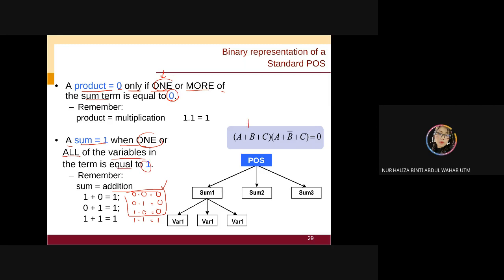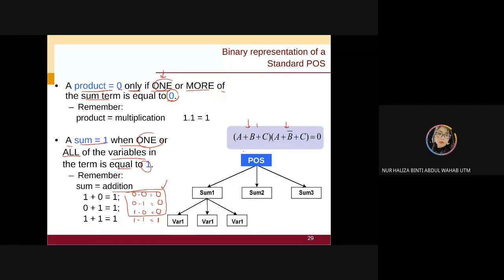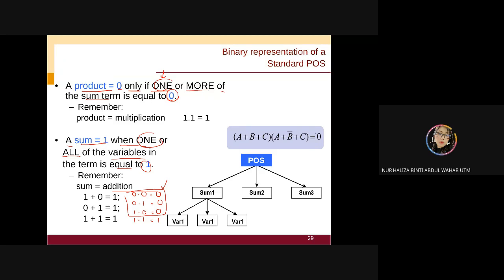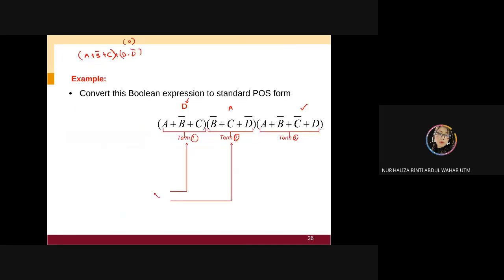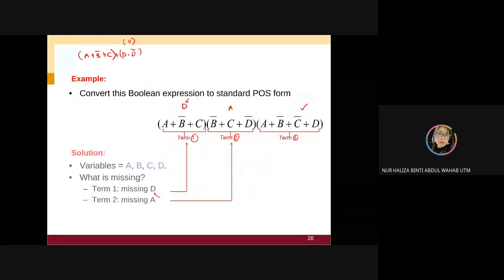So in addition, if at least one is 1, you will get 1. But we're going to look into 0 for our POS. This is really making you confused, because last time for your SOP, where is your SOP?